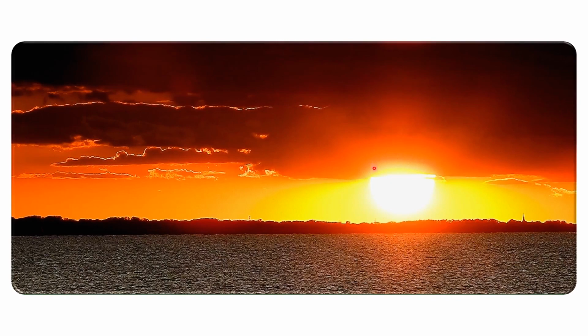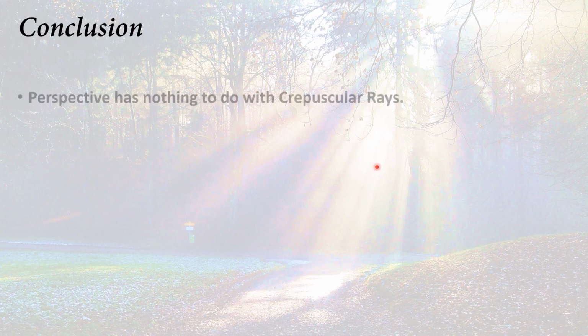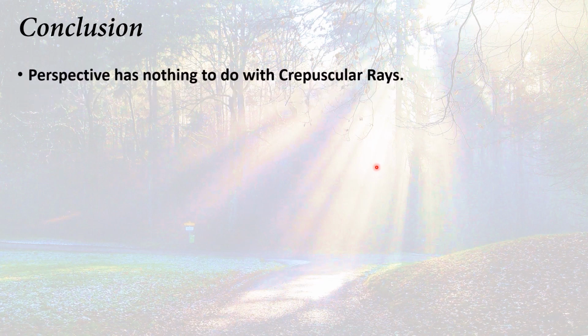That's what we see in creation. In conclusion, crepuscular rays are a silver bullet for enclosed cosmology. It answers a lot of questions. One of the things it answers is that perspective has nothing to do with crepuscular rays.